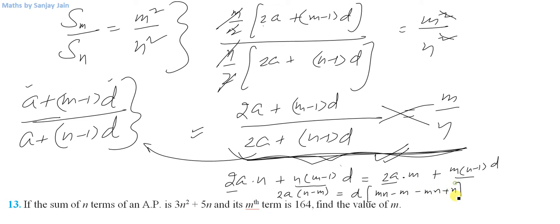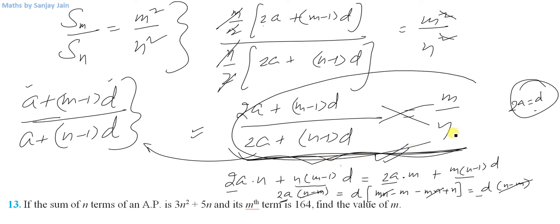D I have already taken outside, so mn and this mn will get cancelled, and I will have d into n minus m here. So if you see, m and n are two different numbers, hence can be cancelled. So twice of a is equal to d. 2a is equal to d. This is what I have got using this expression here.